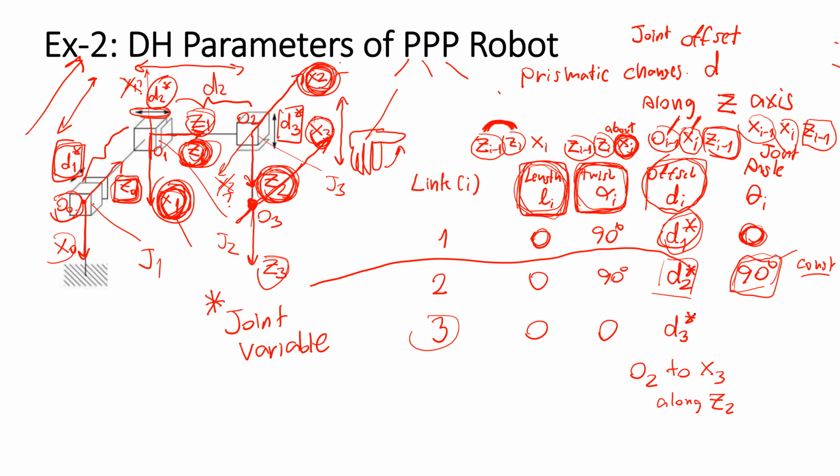And the angle is the angle between X3 and X2, and they point in the same direction. So the joint angle will be 0 in this case. So for the 3 prismatic robot, we have 3 joint variables.